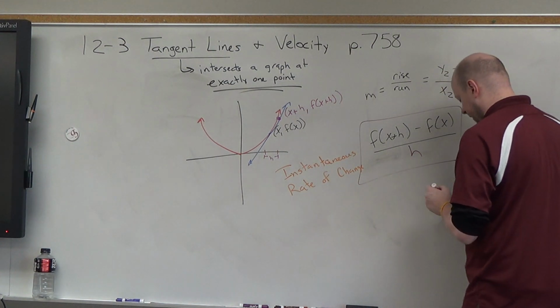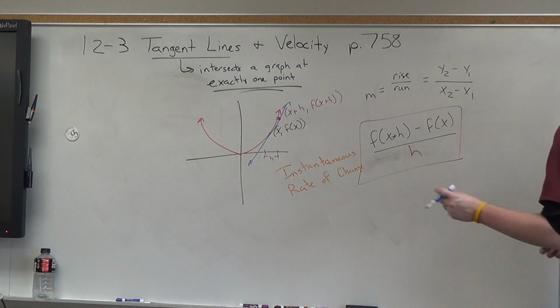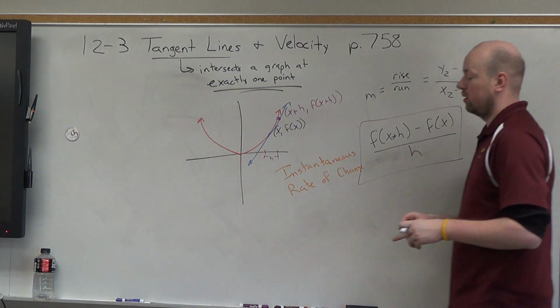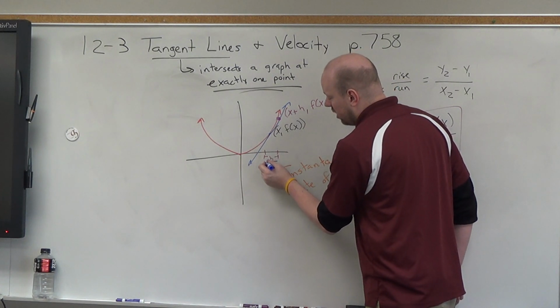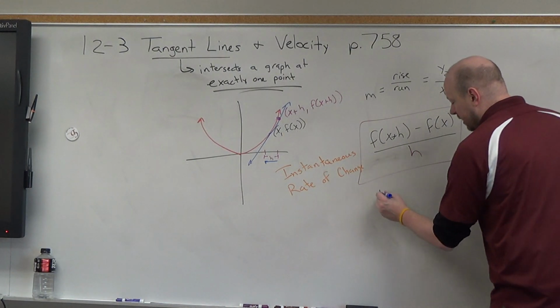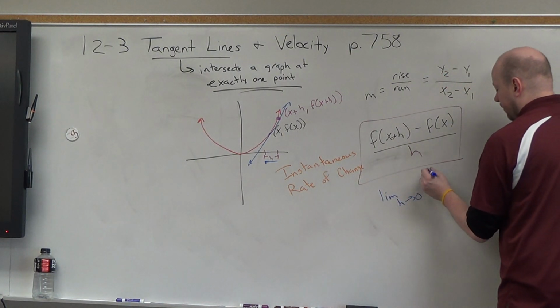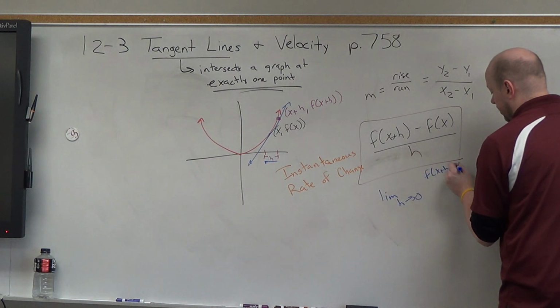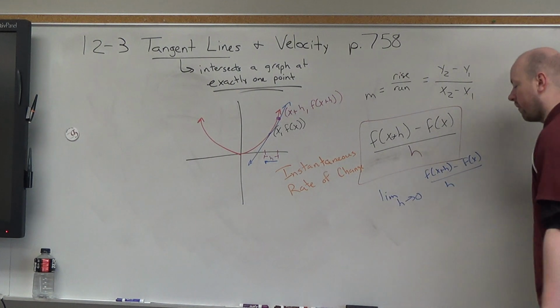In front of all of it, we get the limit as h approaches 0. So because we use these 2 points, we want h to be as small as possible to where we just get that 1 point. So again, we use the idea, the limit as h approaches 0 of f of x plus h minus f of x all over h.